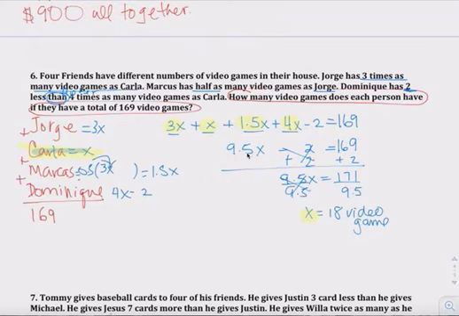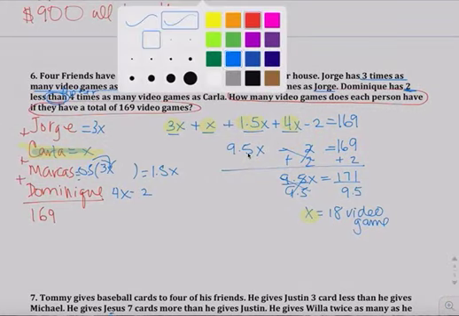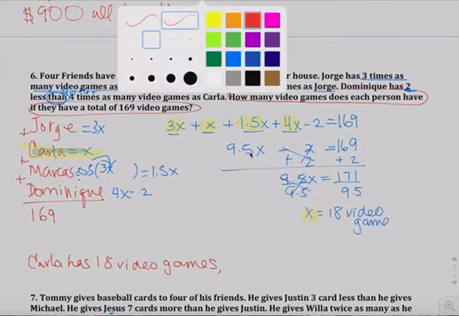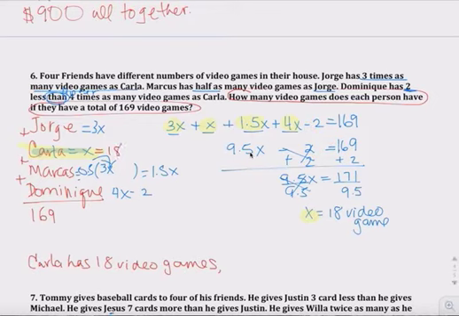Okay, so we can say Carla has 18 video games. So if Carla has 18, how much is Jorge? Carla has 18 for x. So this is 3 times 18, which is 54. On your test, I don't want you to write on top like this, so sorry. We're going to go 3 times 18 like that, 54.